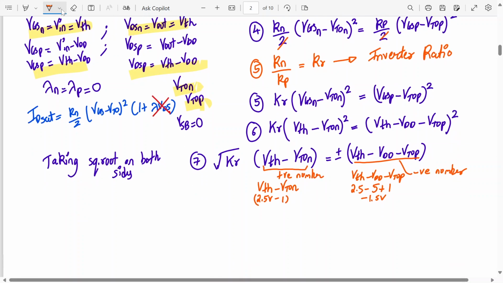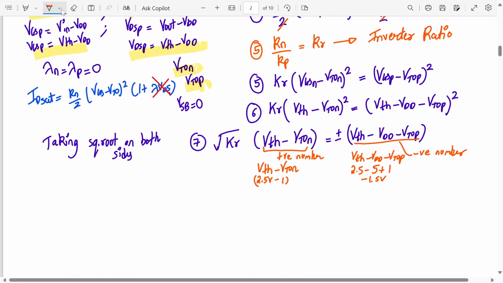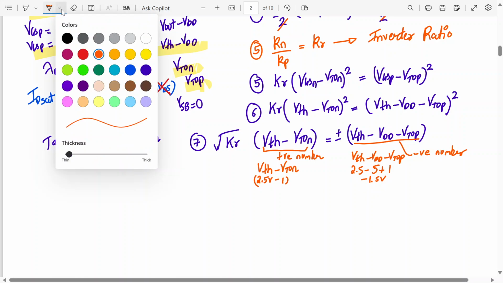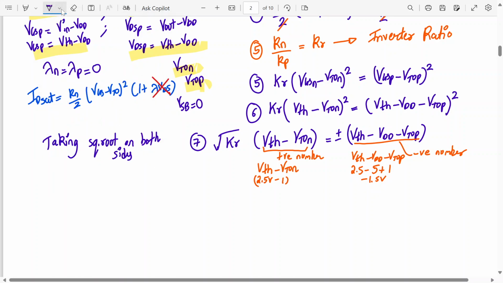So what will come in the next step, number 8? What sign should we consider? Minus or plus? We should consider square root of Kr (VTH minus VTON) is equal to minus of, not plus, only minus of (VTH minus VDD minus VTOP). That is what we will consider.